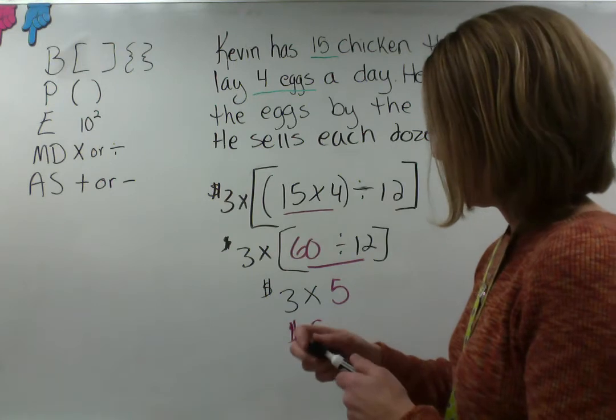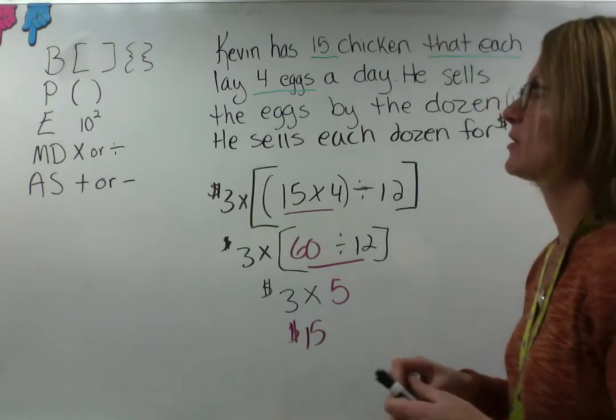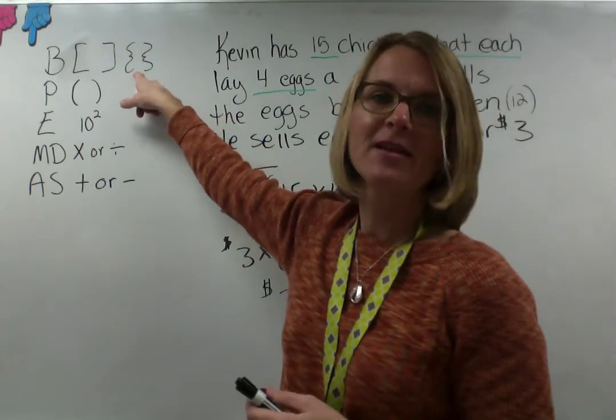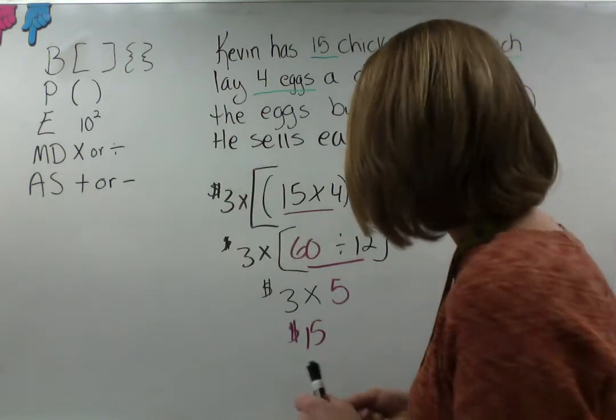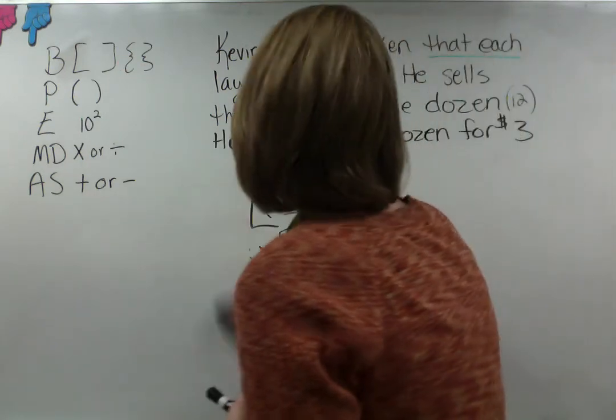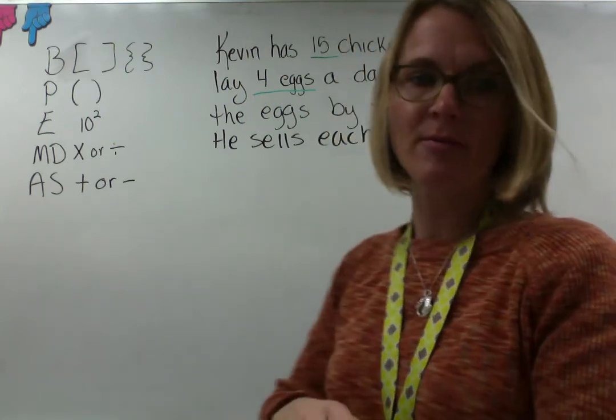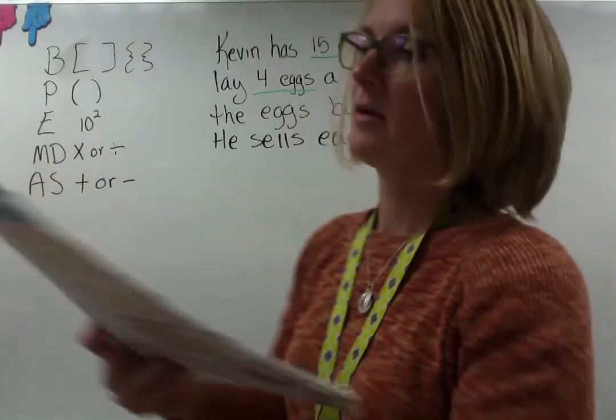Okay? So that's kind of how that works. Sometimes we throw in an extra set of fancy brackets and we haven't really talked about that much yet, but it's not difficult, so I'm just going to show you a problem that has that. Okay?